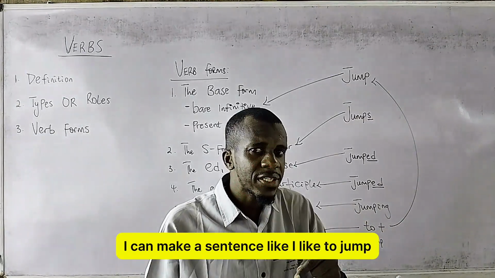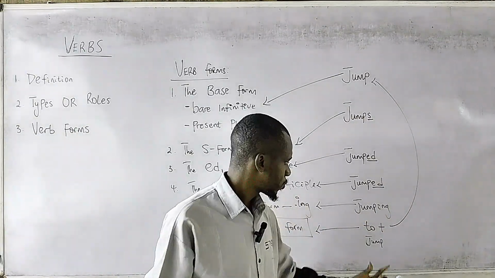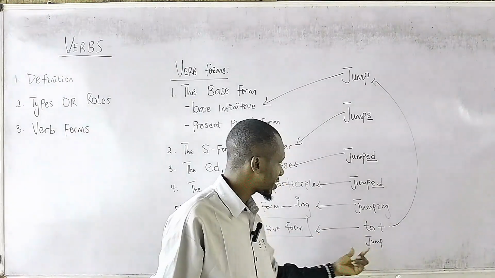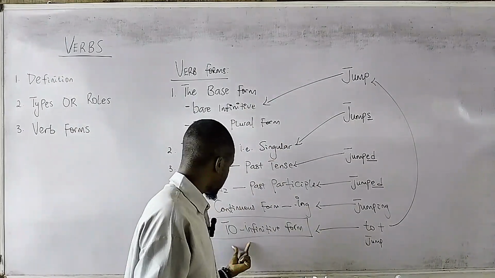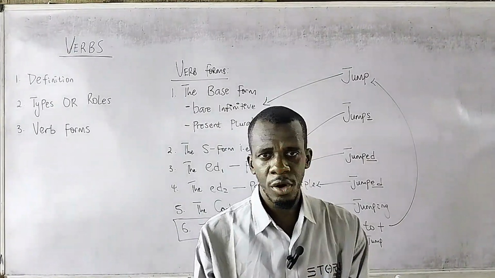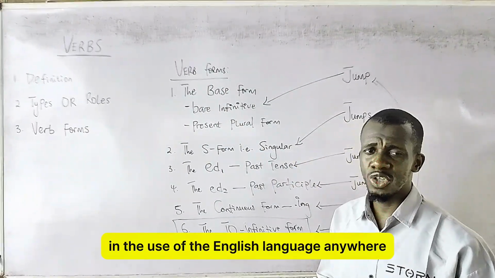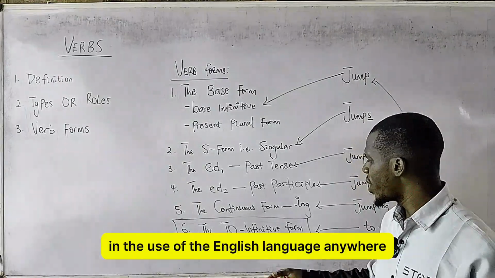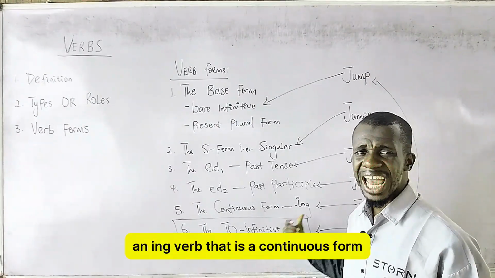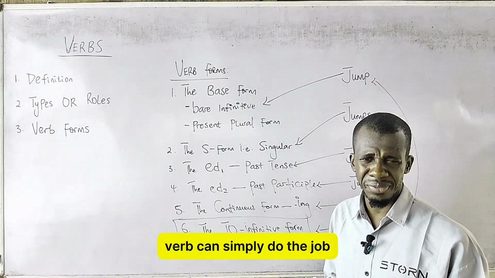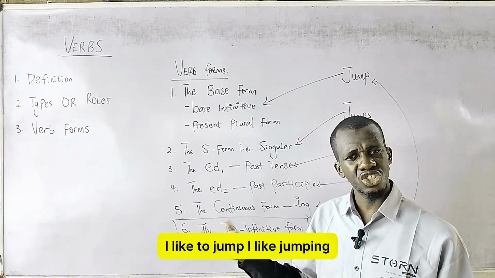I can make a sentence like, I like to jump. Do you see that now? Good. That's why I said the to infinitive is not a basic form, because more often than not in the use of the English language, anywhere we employ a to infinitive, an ing verb, that is a continuous form verb, can simply do the job. I like to jump. I like jumping.